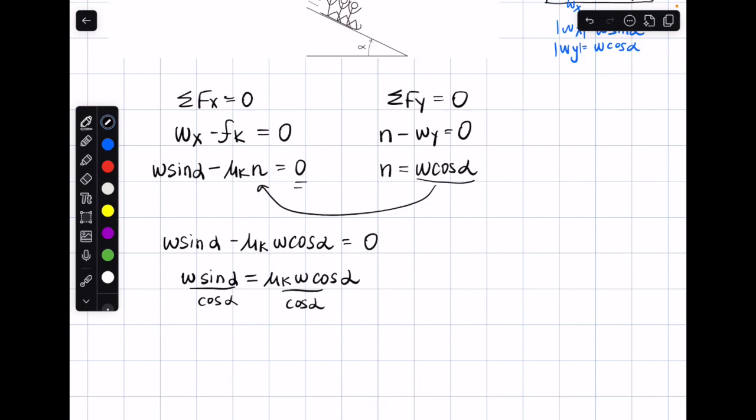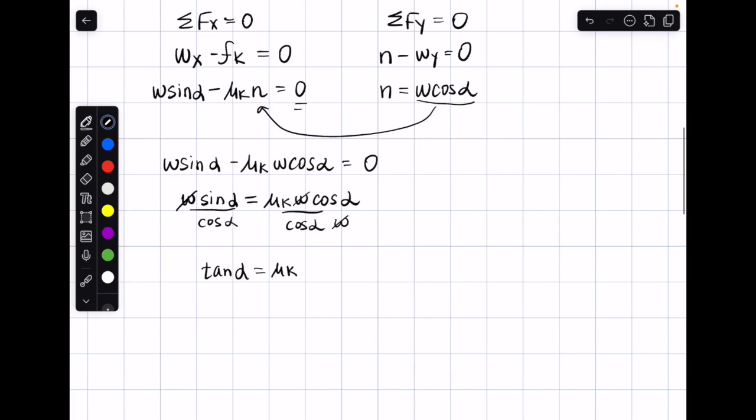And then my W is going to go away and move over to this side. Okay. So what I have over here is tangent alpha is, and these W's go away, mu k, right? So now alpha is simply equal to inverse tangent of the coefficient of kinetic friction.